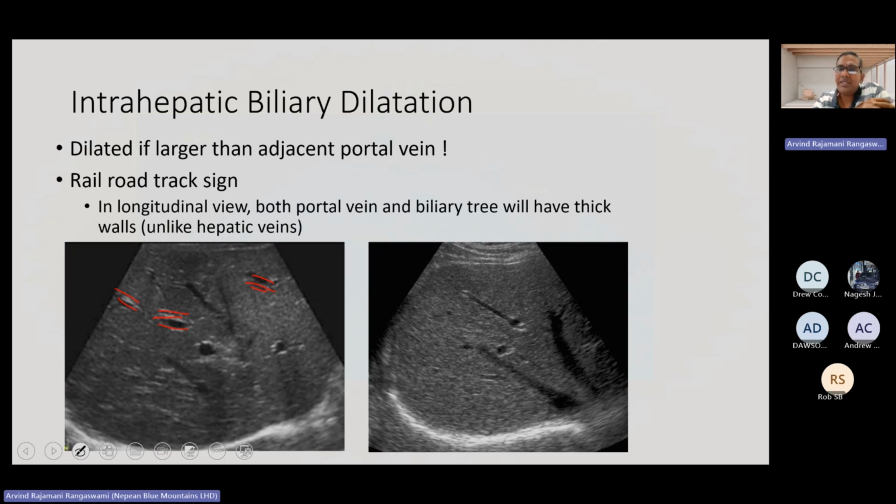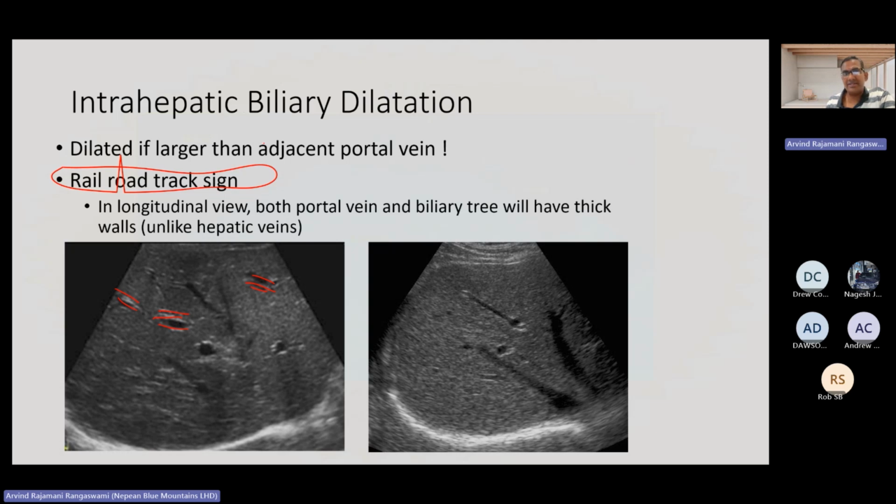You should not be able to see the physiological intrahepatic ducts. If they are dilated, they will start getting dilated adjacent to the portal vein, and that causes the parallel railroad tracks, and both of them will have quite thick walls. Remember that the portal vein is quite a muscular vessel, unlike the IVC, unlike the systemic veins, and therefore you'll have bright walls, and the bile duct also has bright walls.